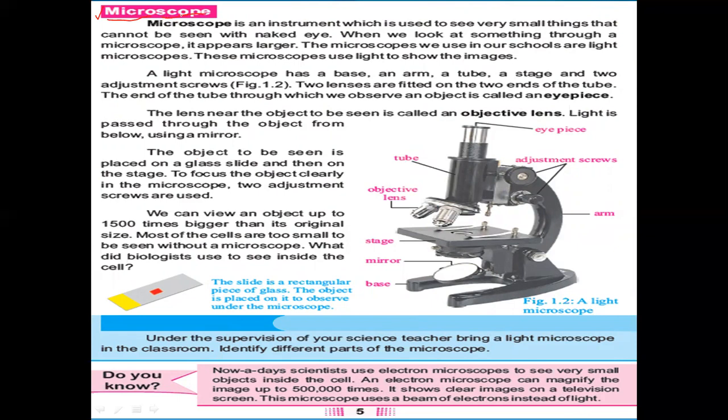So it is an instrument used to see very small objects, things that cannot be seen with the naked eye. Naked eye means the eye which we have, without any lens, without covering.